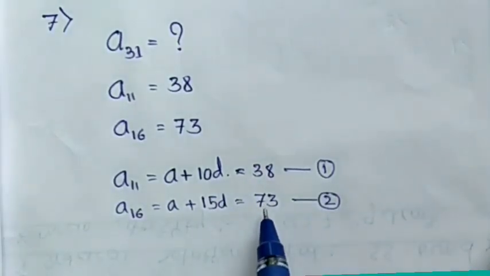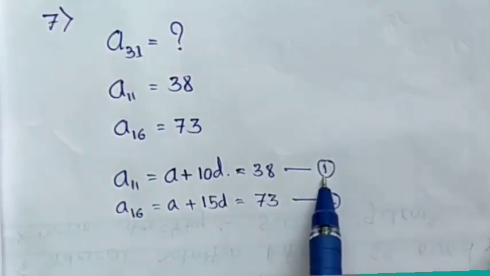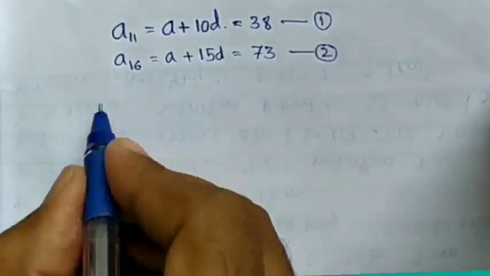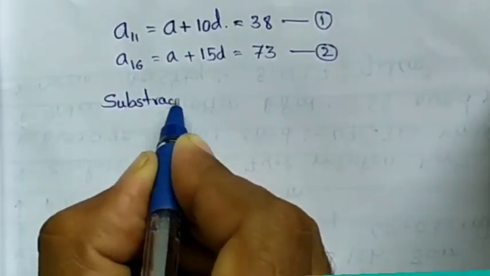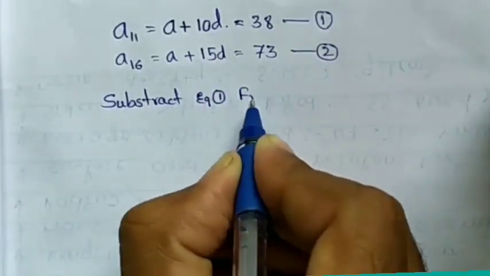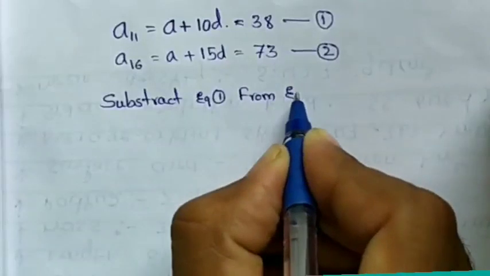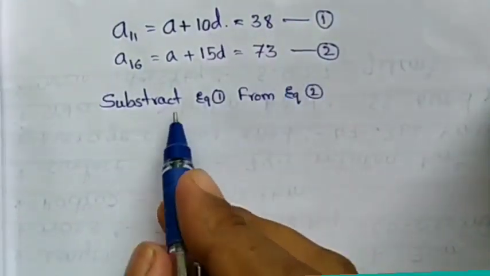Just subtract the first equation from the second equation. So I will subtract equation 1 from equation 2.